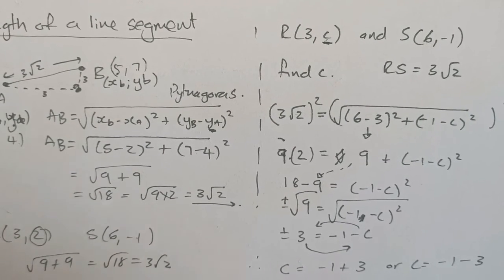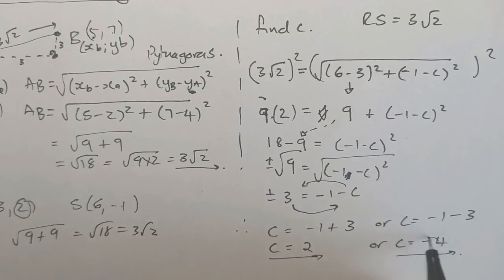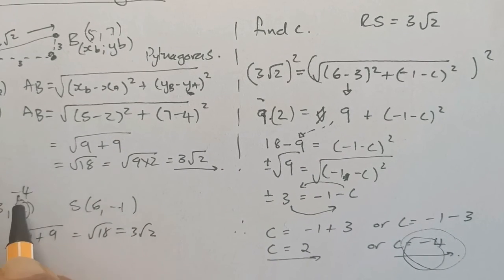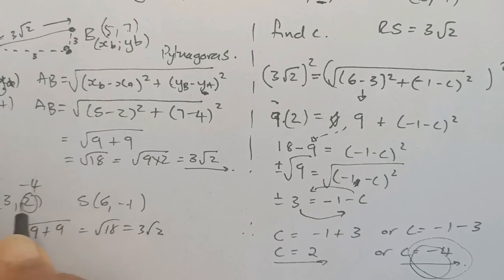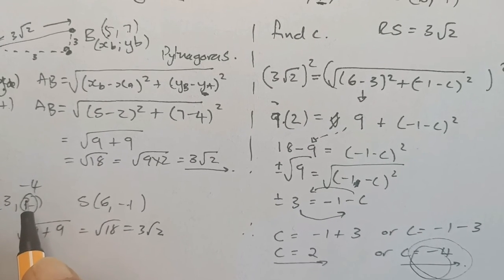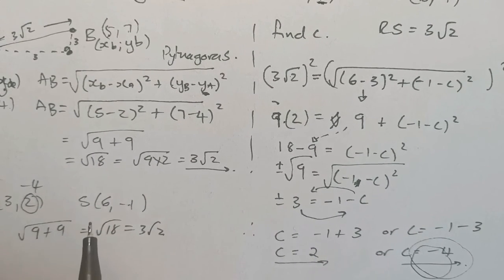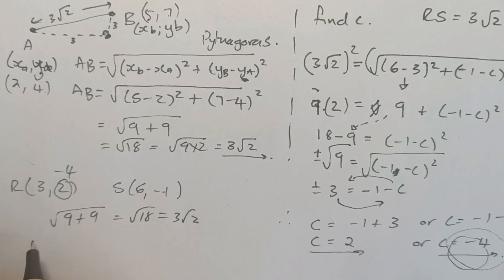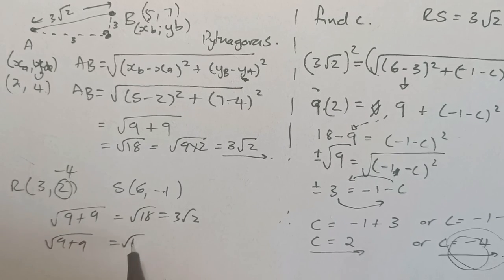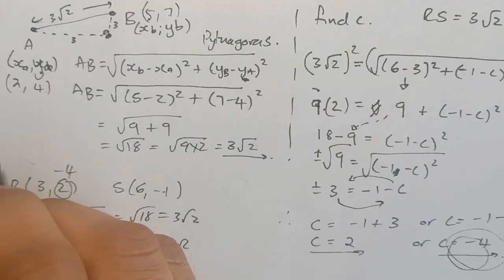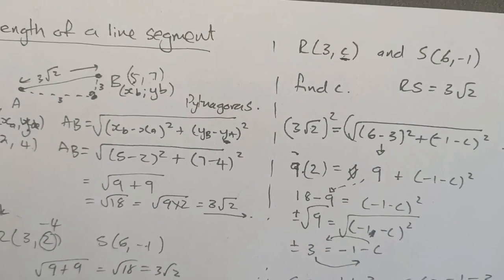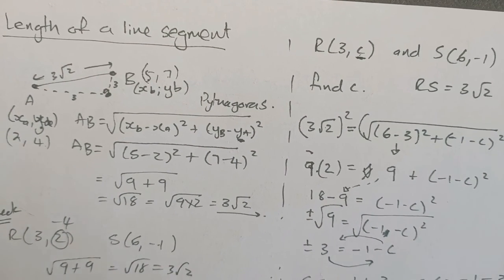And if you change this 2 into negative 4 and substitute it in, you get -1 minus -4, which is -1 plus 4, which becomes 3. And you'll end up with 9 plus 9 as well, the square root of 18, 3 root 2. This is a quick check, not really needed, but you can check it if you want, so you'll always know you're correct. Alright, thank you.